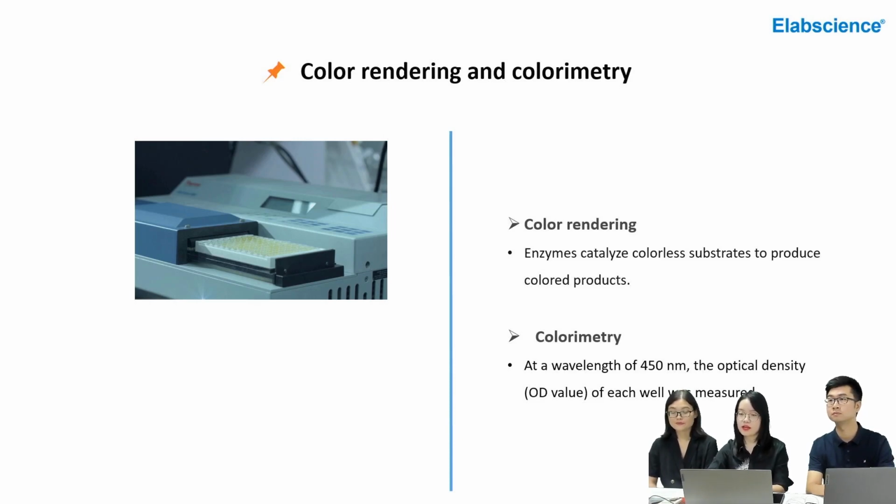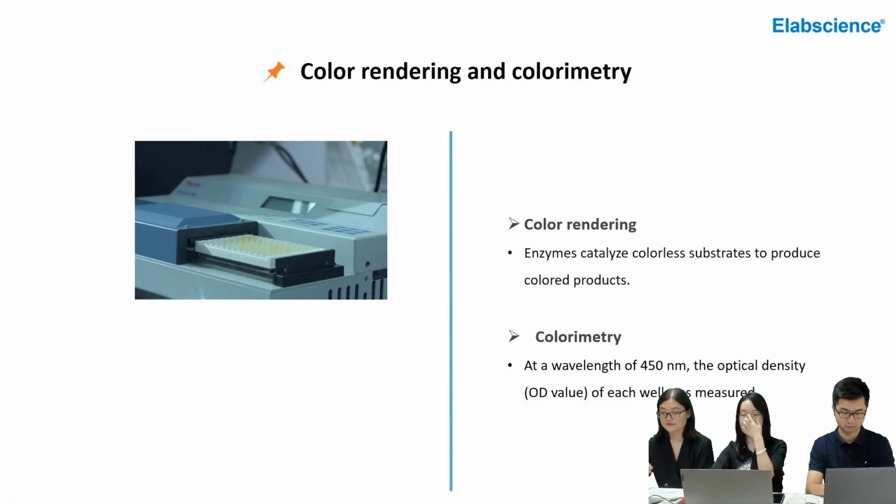Colorimetry is the last step in the entire experimental operation. After adding the stop solution to terminate the reaction, use a microplate reader to measure the optical density of each well at a wavelength of 450 nanometers.